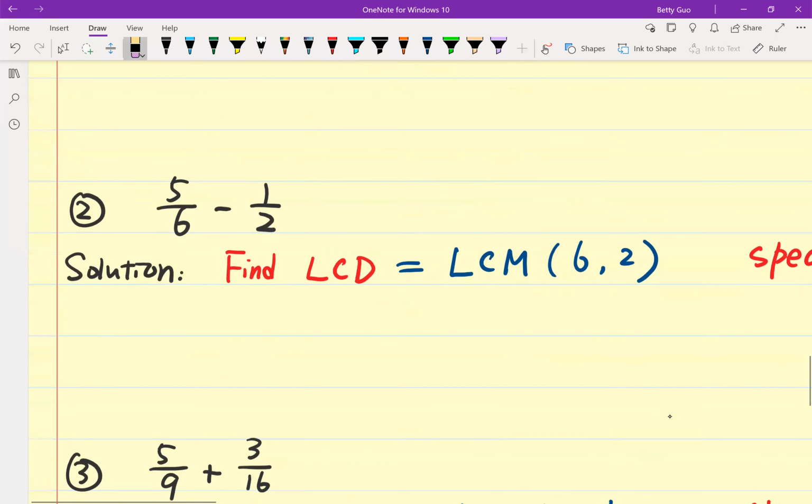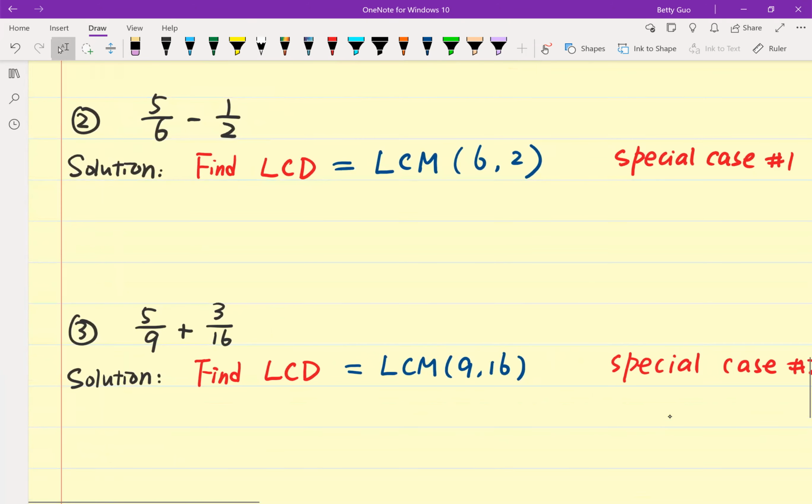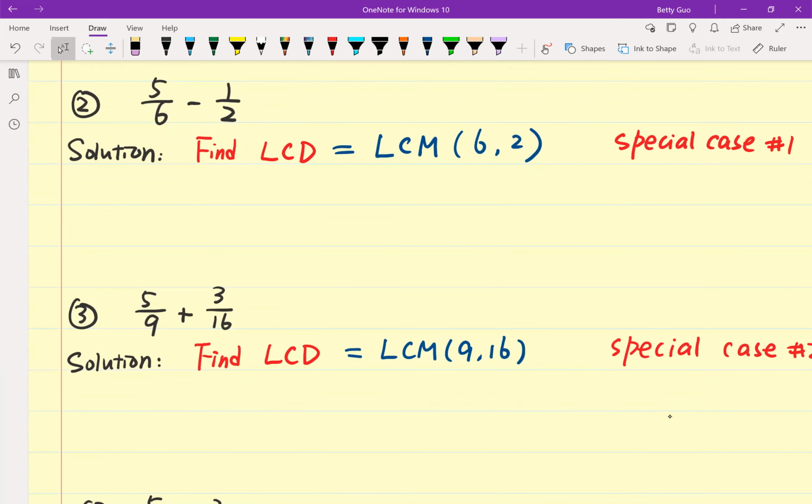Now let's see the second problem. Second problem, we are minusing. So adding and minusing, the rule would be the same. We are going to take the difference of 5 over 6 and 1 over 2. So we are going to do 5 over 6 minus 1 over 2.